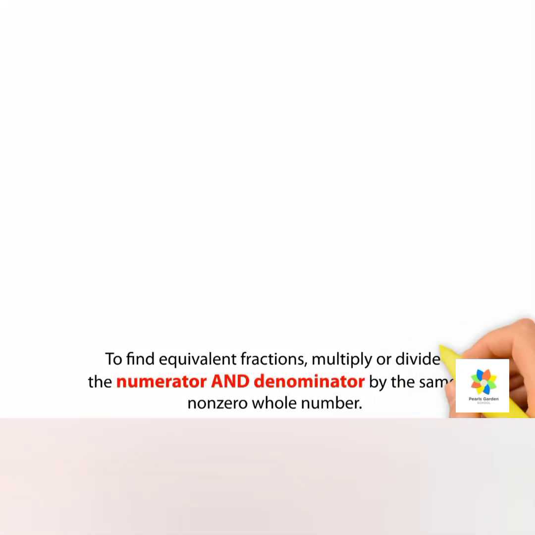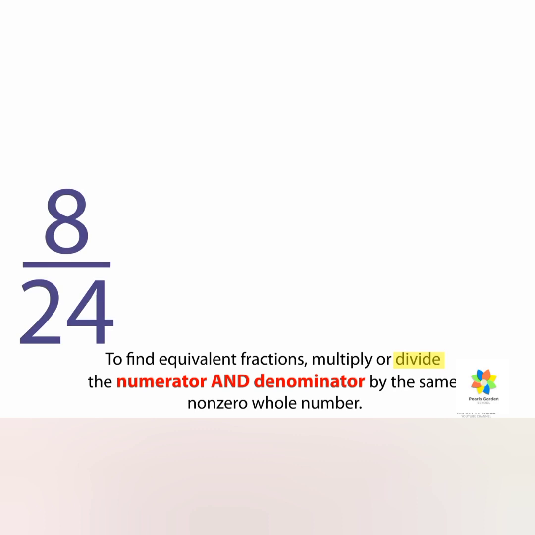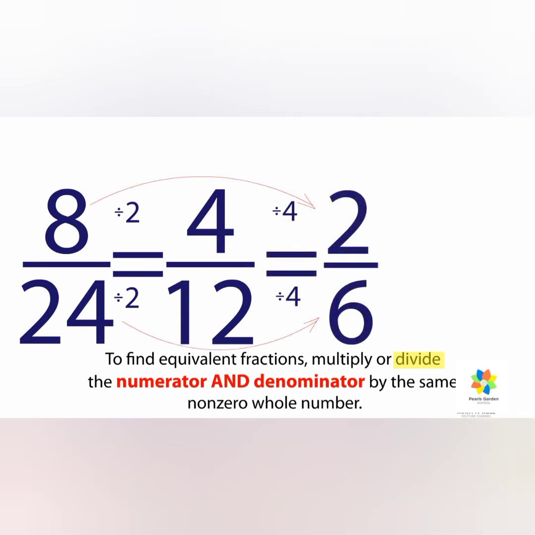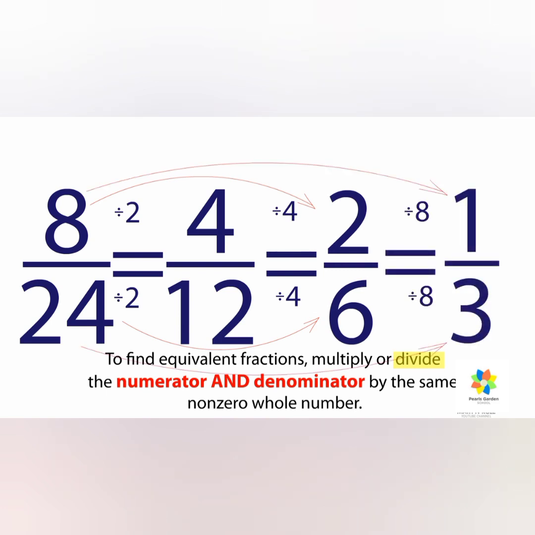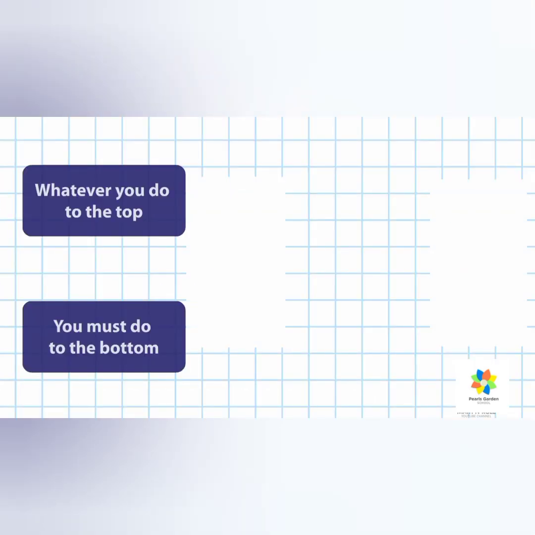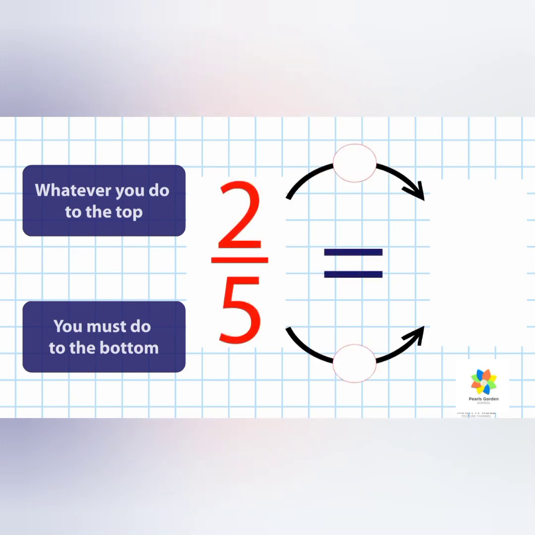To find equivalent fractions, don't forget you multiply or divide the numerator and denominator by the same number. When you want to get an equivalent fraction, you multiply the same number to both numerator and denominator, or you divide. Whatever you do to the top, you must do to the bottom.